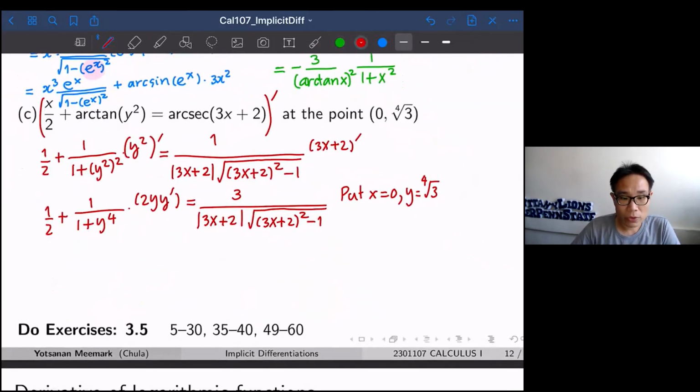Okay, so you're going to put x equal to 0, y equal to the fourth root of 3.